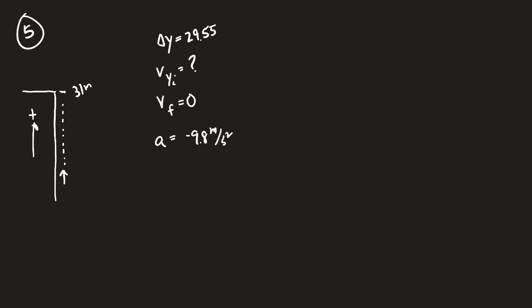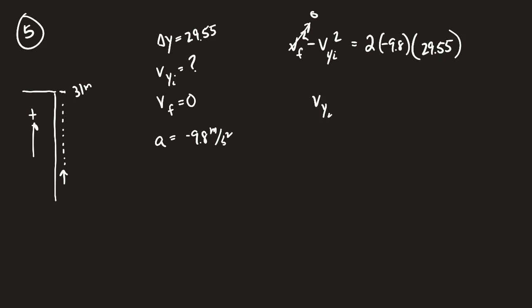In order to do so, I'm going to use V final squared minus Vy initial squared equals 2 times negative 9.8 times 29.55. And this number is 0. So that Vy initial will be the square root of 2 times 9.8 times 29.55.